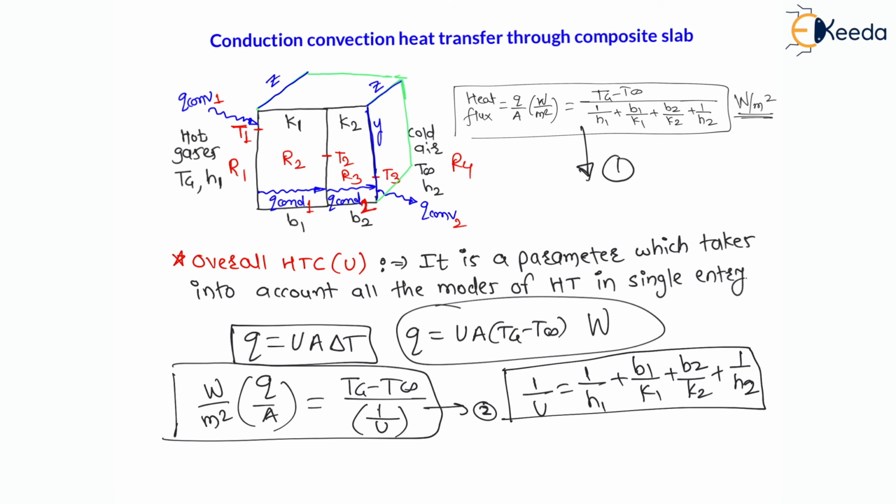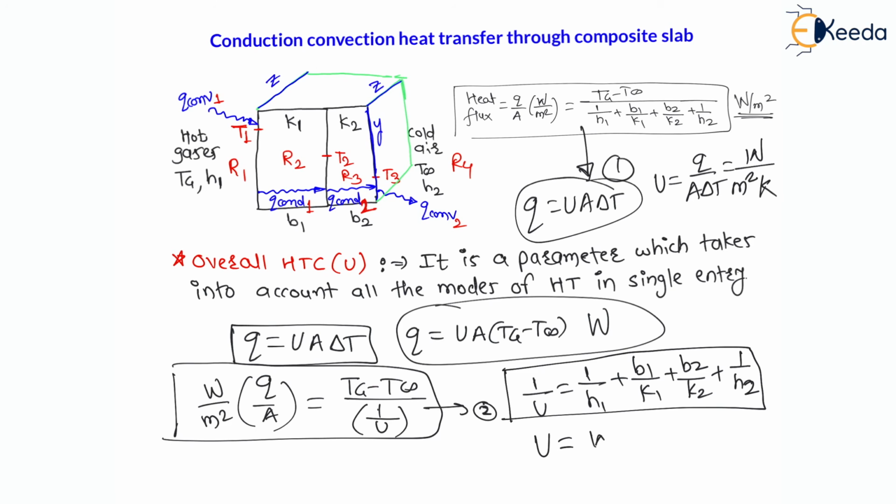Now, my dear students, if you look at the formula, here Q is equal to UA delta T, right? The unit of U will be equal to Q divided by A delta T. Q is in watt, area in meter square, and delta T in Kelvin. Therefore, this U will have the unit of watt per meter square Kelvin, which is the unit of H also.